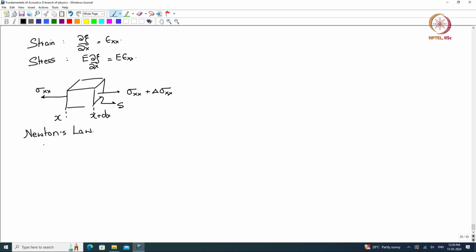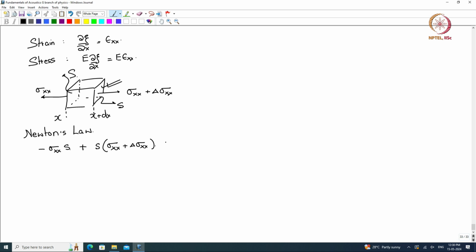So the force on the left side is minus sigma xx into S. Okay, the cross section area here also is S. The force on the right face here is S times sigma xx plus delta sigma xx, increment from the face x.